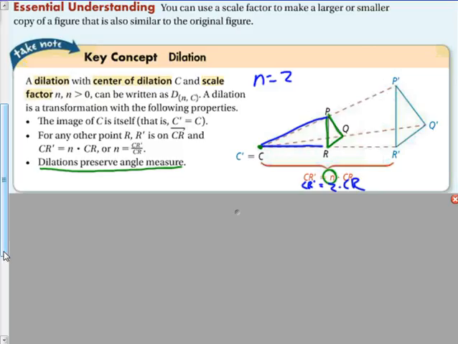And that's how you do it on a two-dimensional shape. Same thing, the scale factor works for all the parts. So C to P prime would be equal to 2 times CP, and C to Q prime would be equal to 2 times CQ.